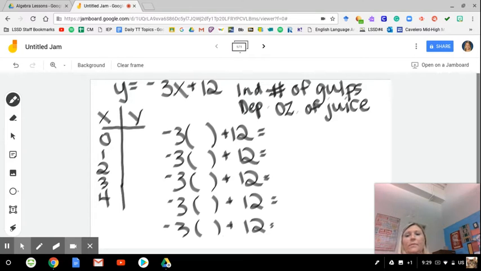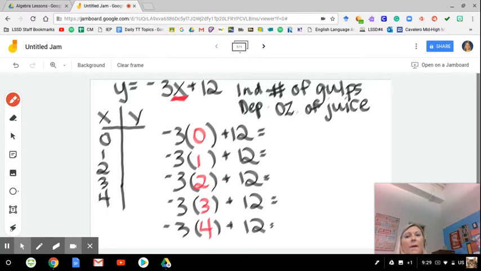Okay. So I'm going to change my color here. Remember, my inputs go where x is. So I'm going to put them here: 0, 1, 2, 3, and 4.